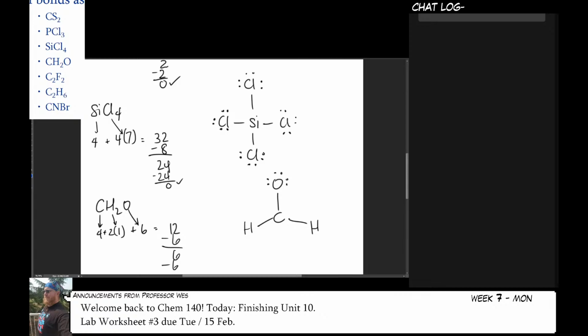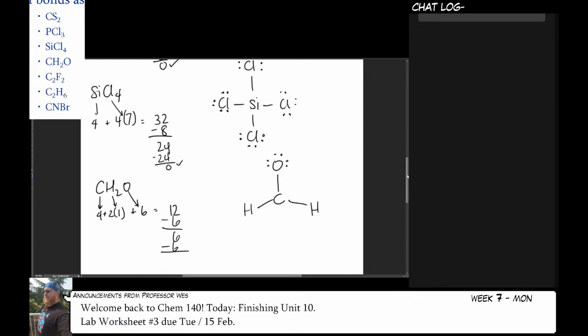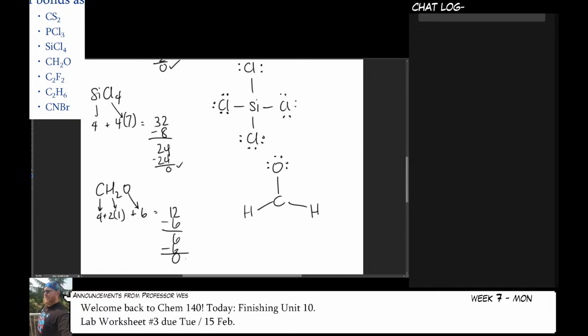There you go. Except carbon here does not have an octet. I only have 6 valence electrons around carbon, so I'm going to remove these from my oxygen and then add them to the bond to make a double bond. And there's the Lewis structure for CH2O, also known as formaldehyde. This is what you embalm stuff with, or preserve tissue, or clean surgical equipment with, that sort of thing.